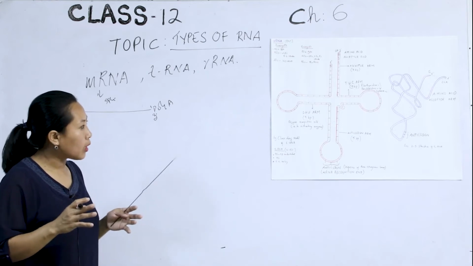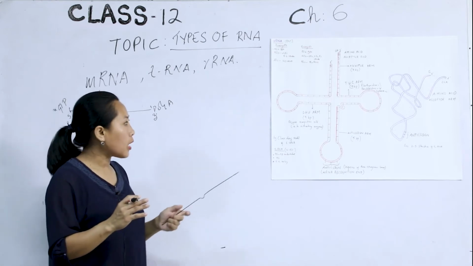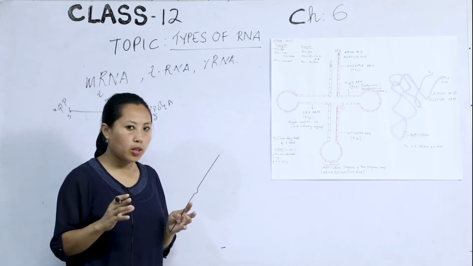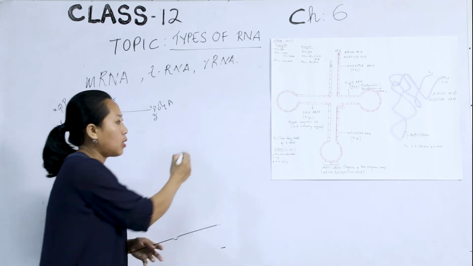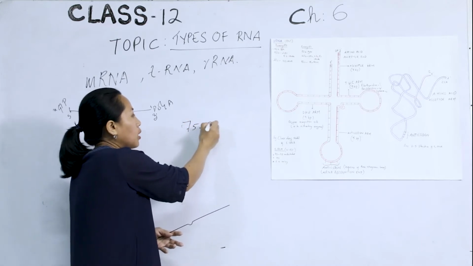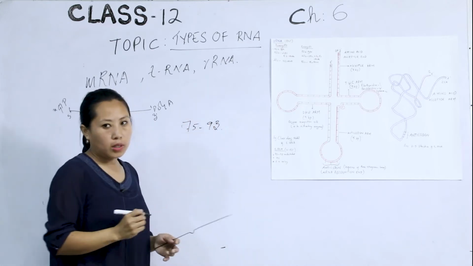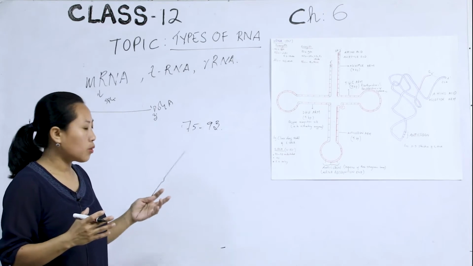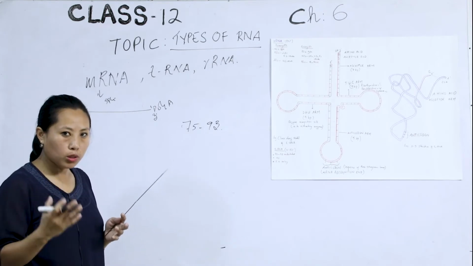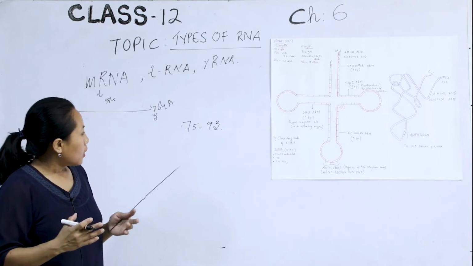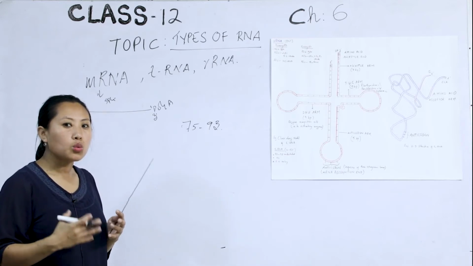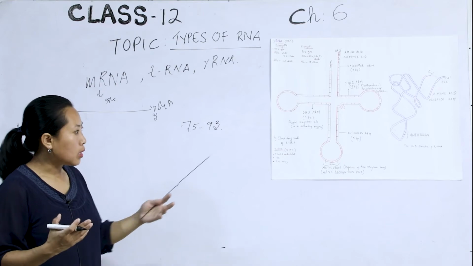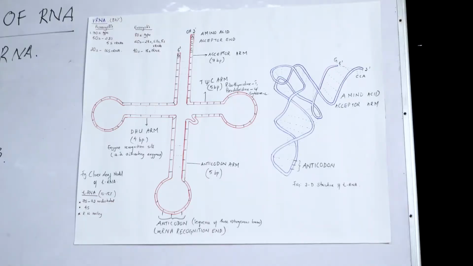Before that, this tRNA is a polynucleotide chain of about 75 to 93 nucleotides, and it undergoes intramolecular folding and twisting, giving rise to this T-shape, this clover leaf structure.